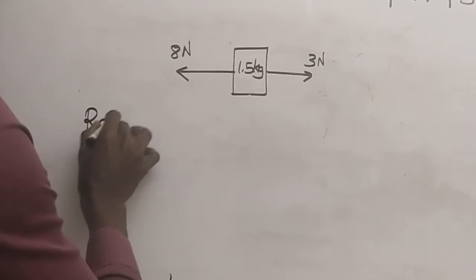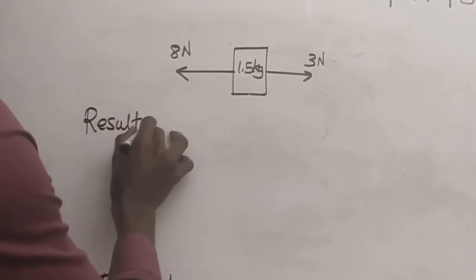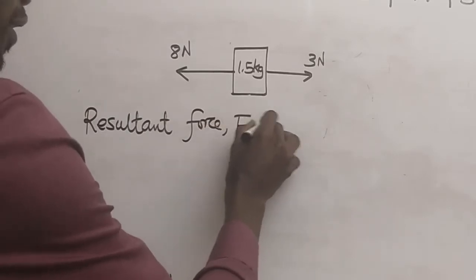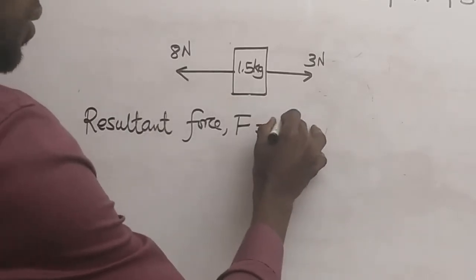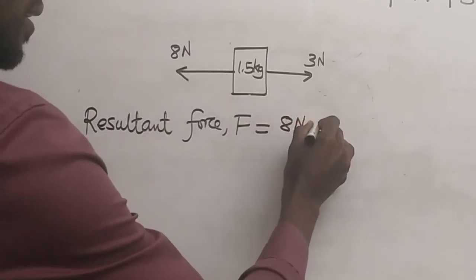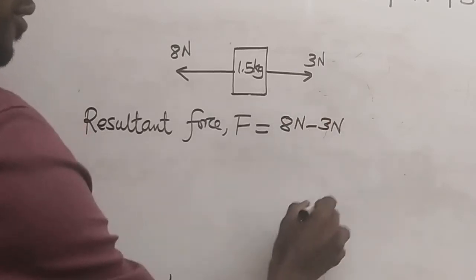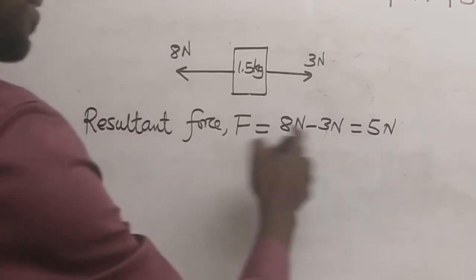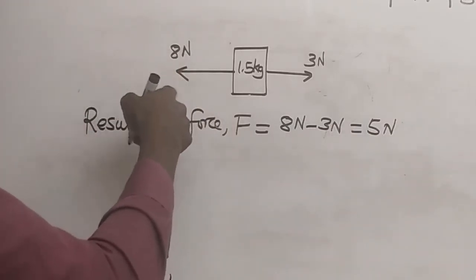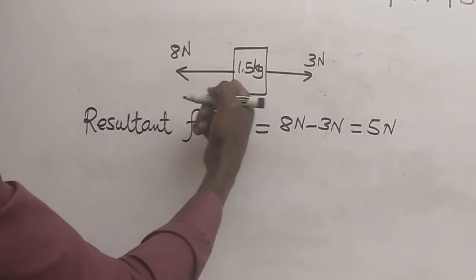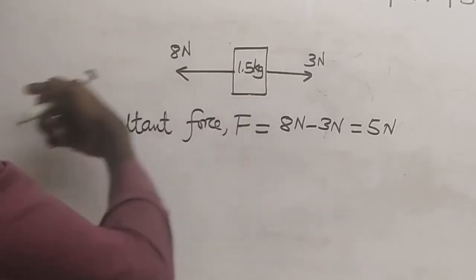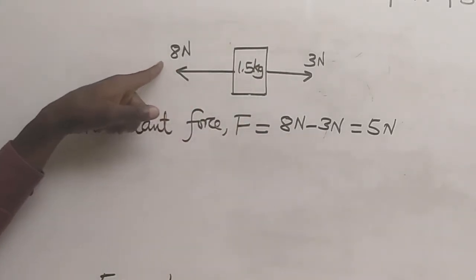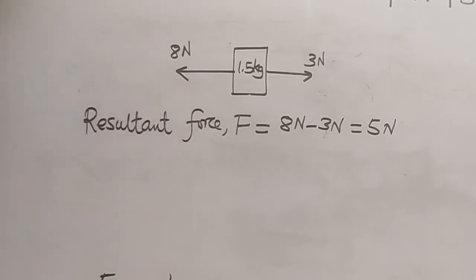The resultant force F is going to be the bigger one minus the smaller one, which gives us 5 newtons. But remember, in the direction of the 8 newtons force, so for this case the resultant force will be acting in this direction. 5 newtons in the direction of the 8 newtons force.